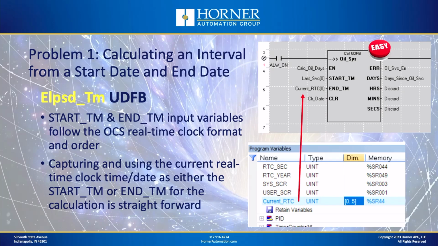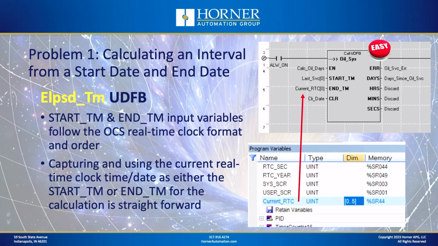So the end time in this case is always whatever the current time is. So how did I create that current_RTC variable you see on the screen? If we look down at the program variable table at the bottom, you'll see I've created the variable, assigned it as an unsigned integer type with a dimension of 6, so it has index 0 to 5, and it's mapped to memory location %SR44.